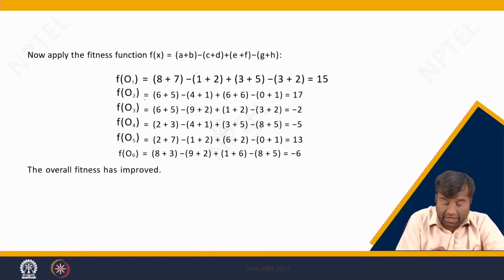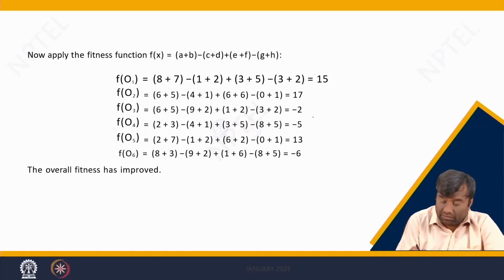Similarly, you will get F of O2, that is 6 plus 5, 4 plus 1, 6 plus 6, minus 0 plus 1, so that is 17. F of O3 is minus 2, F of O4 is minus 5, F of O5 is 13, F of O6 is minus 6.